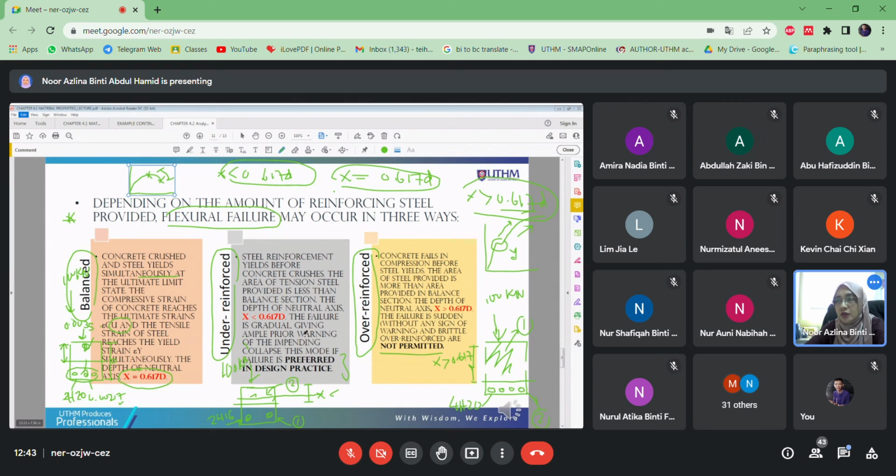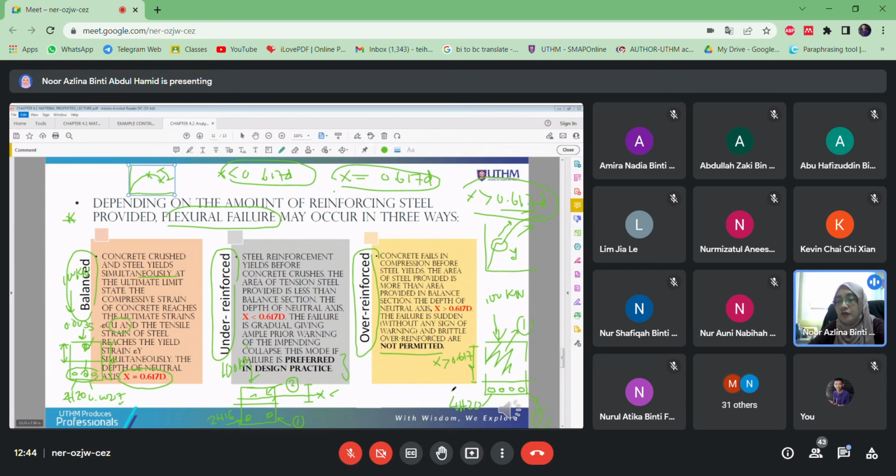So that's why once the steel fails first, the structure is still in a safe condition, because after that the concrete will take the turn to proceed to resist the loads. Kalau the first failure, dia serentak, concrete fail first, steel fail also at the same time, so there's no extension of the lifetime compared to the under reinforced.